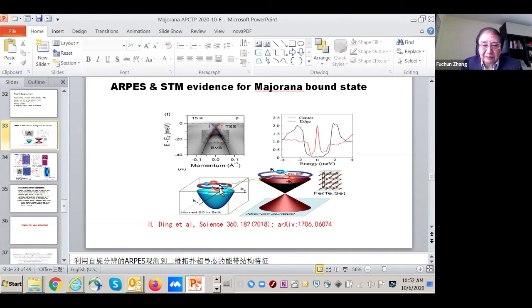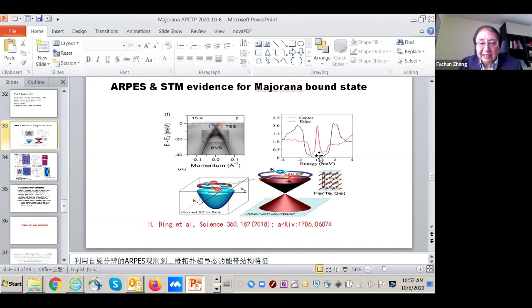And they did that in Japan, by Shin, who has probably the best laser ARPES technique. The second is they did an STM measurement to see the zero bias peak.